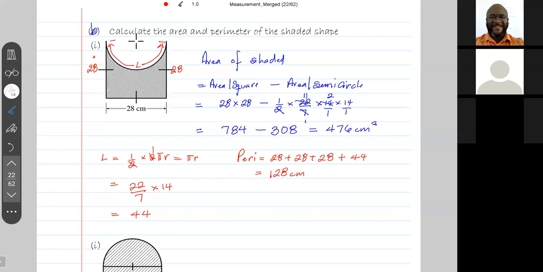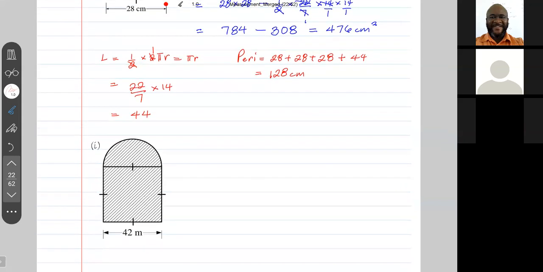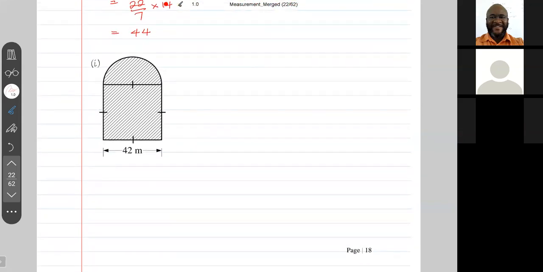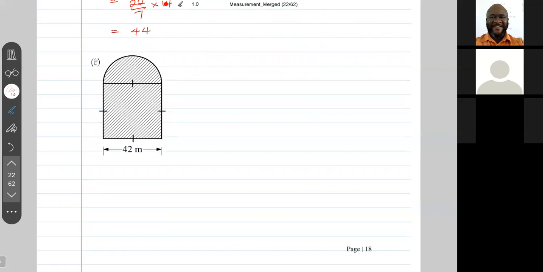Very quickly, I want you to do II. We need the area and the perimeter of this composite shape.